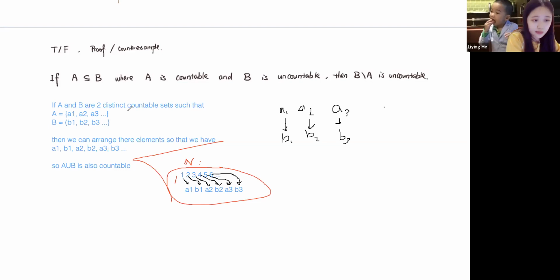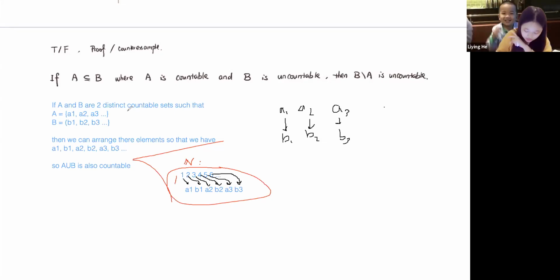Let me write something down. So here we're showing that two distinct countable sets.